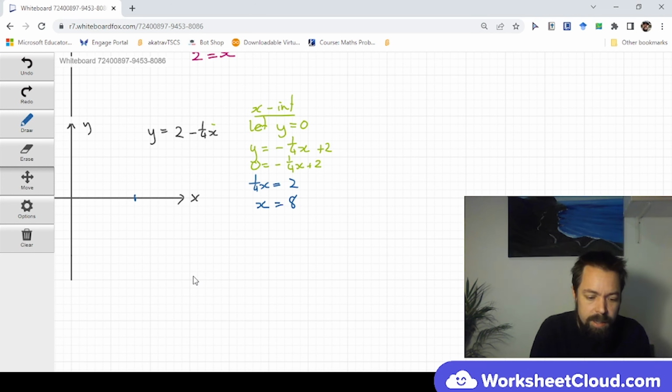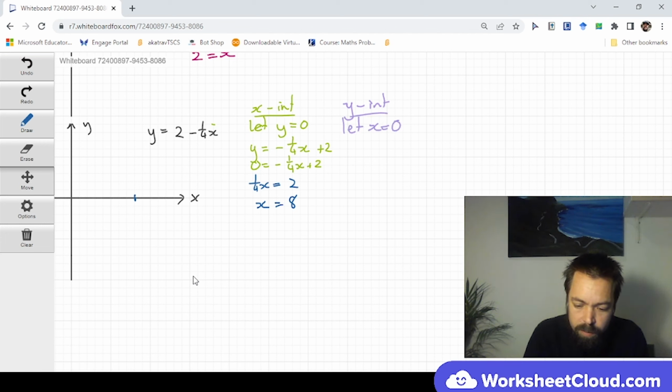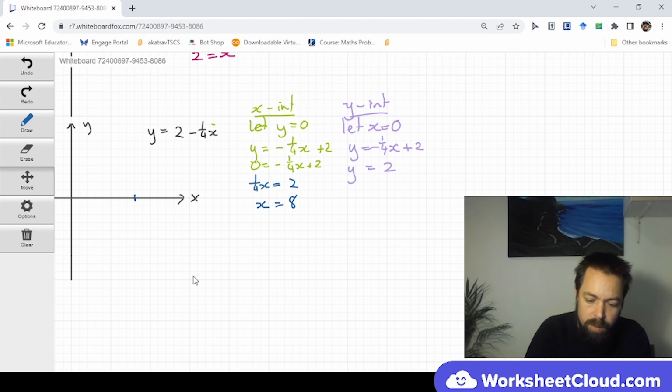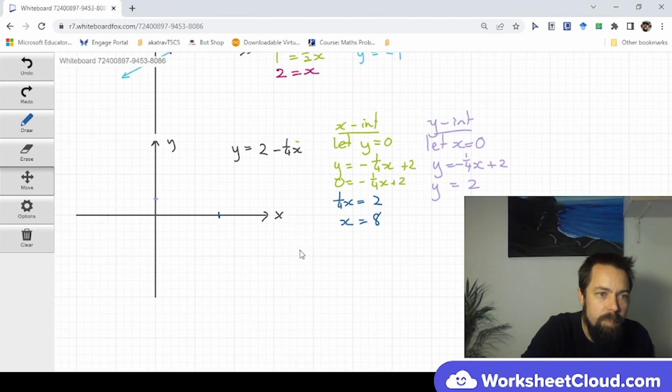To get my y, I'm now going to let, so the y-int, I'm going to let x equals 0. So y equals minus a quarter x plus 2, y equals 2. Right, so I'm crossing the y-axis at this point here.